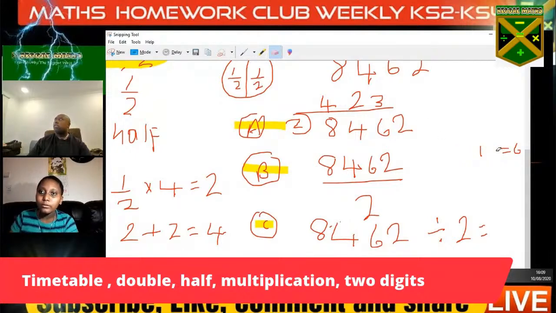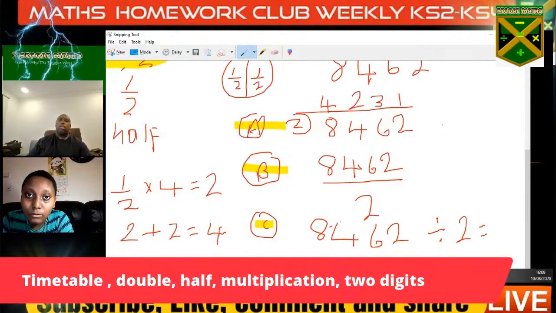So half of 2 is 1. Okay? Now, if I said all 3 of these are the same, what is the answer?